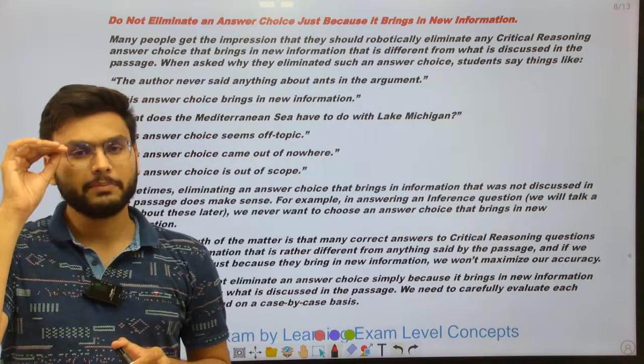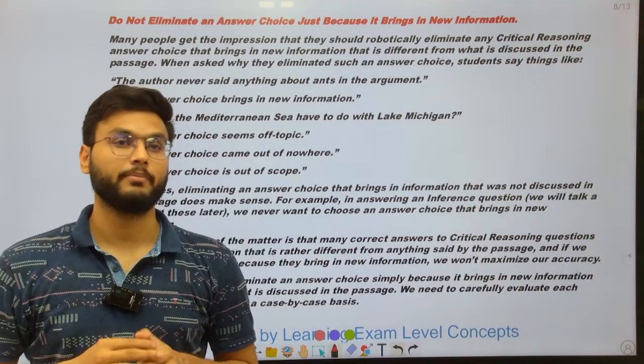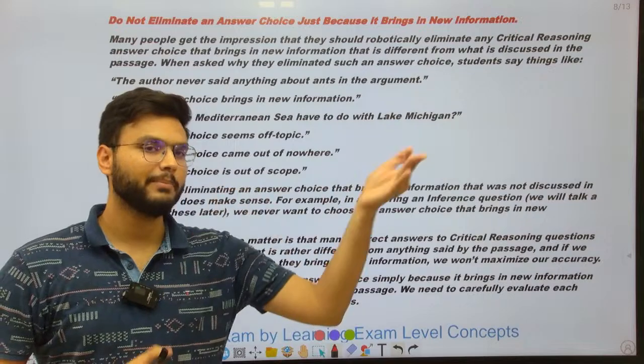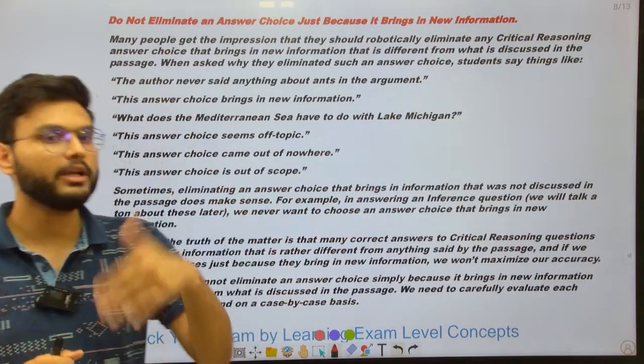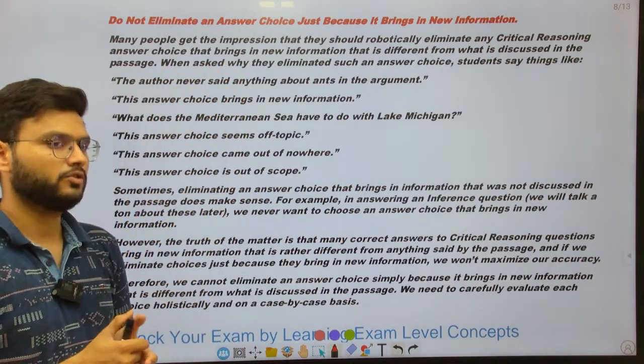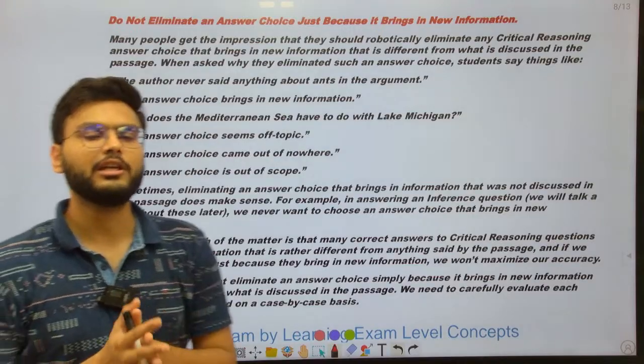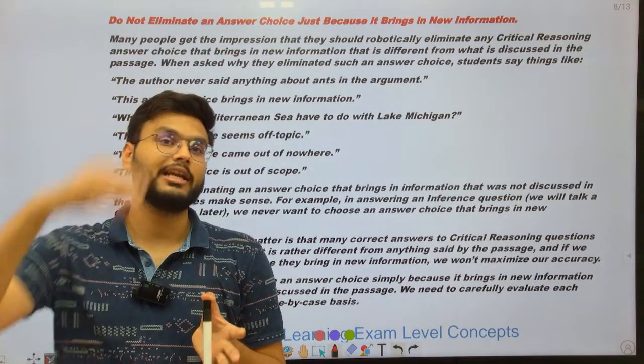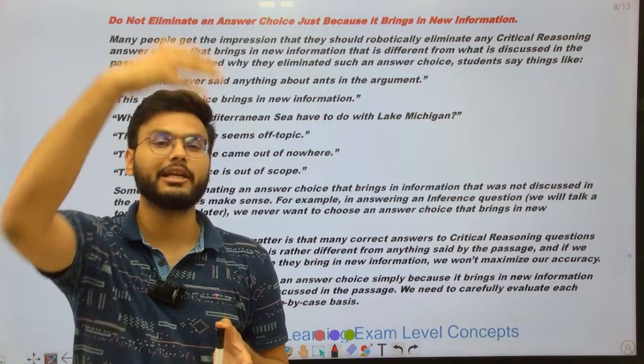Sometimes the author might present new information in front of you, but it might have a logical implication or correlate to the argument structure. So we do not need to just eliminate the option choice if it does not relate to your paragraph.